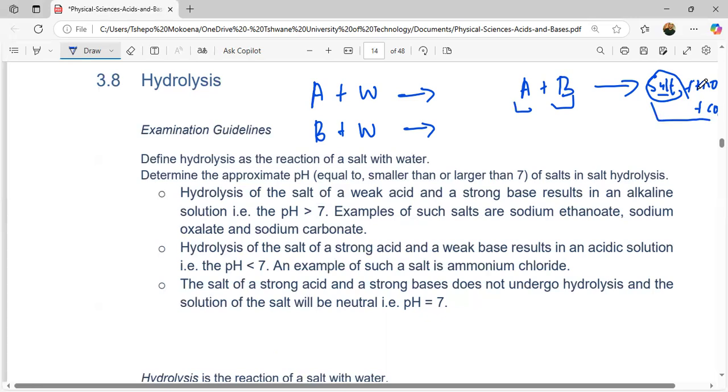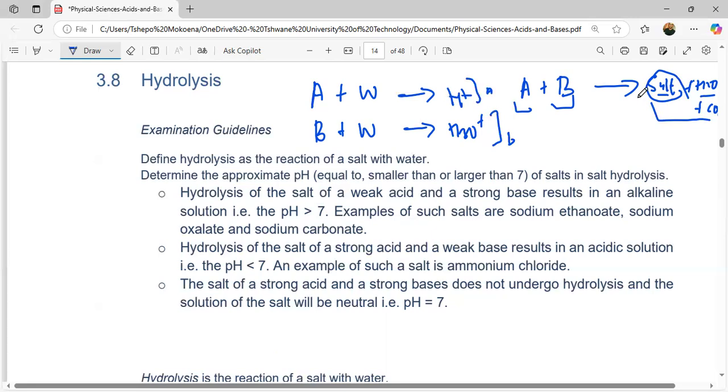We are neutralizing because we will always form water. But when acid and water react, you are not forming water. You are forming a solution that is either, here obviously, you're going to have H plus ions, and here, definitely, H3O plus ions. Here, we're going to have a basic or alkaline solution. And then here, we're going to have an acidic solution.